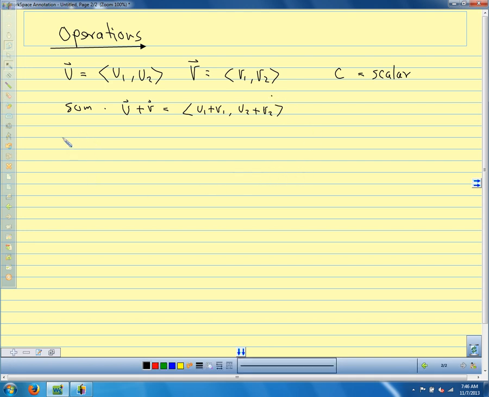And a scalar multiple, so c times v, we just multiply each component of v by the scalar.